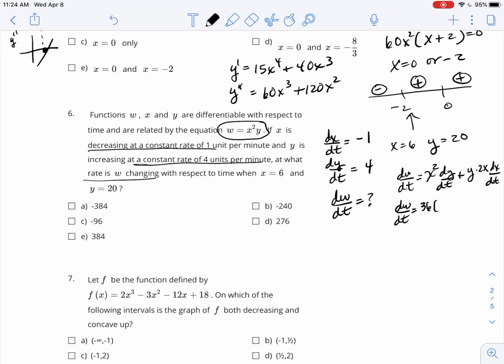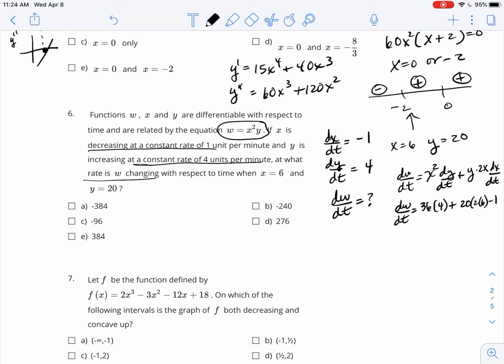All right, and then let's substitute in. So dw/dt, 6 squared is going to give you 36. dy/dt is going to give you 4. And dx/dt is -1.